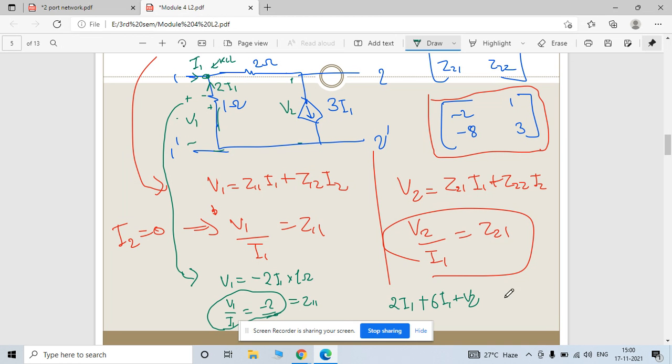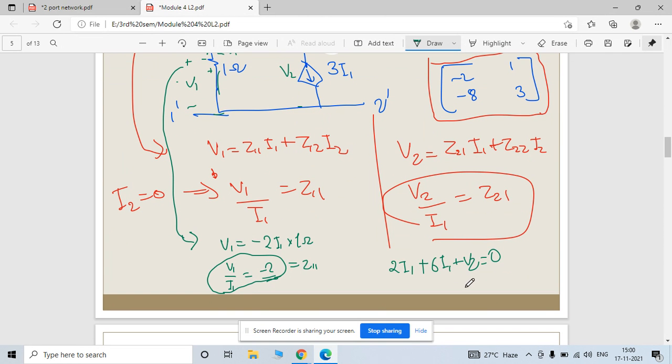Equate to 0. I am applying the KVL equation from this loop. So you will get V2 in terms of I1: 6 plus 2 is 8, and moving to the other side it is minus 8 I1. Take the ratio, and you will get Z21 equal to minus 8.